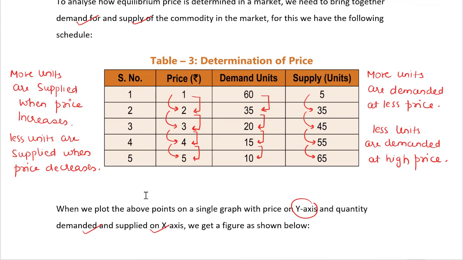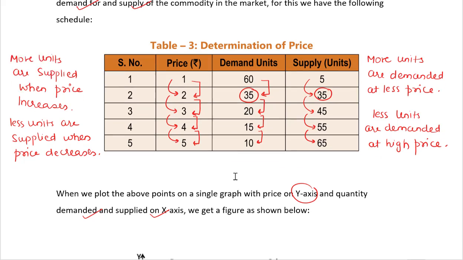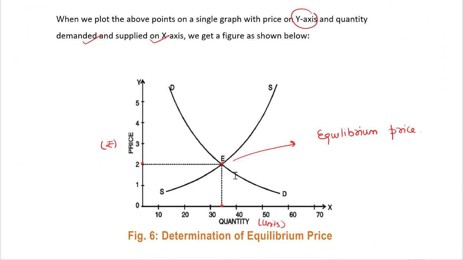At 2 rupees, the quantity demanded was 35 and the quantity supplied was also 35. So 35 is considered to be the equilibrium quantity. Equilibrium quantity equals 35 units. Equilibrium price is 2 rupees.